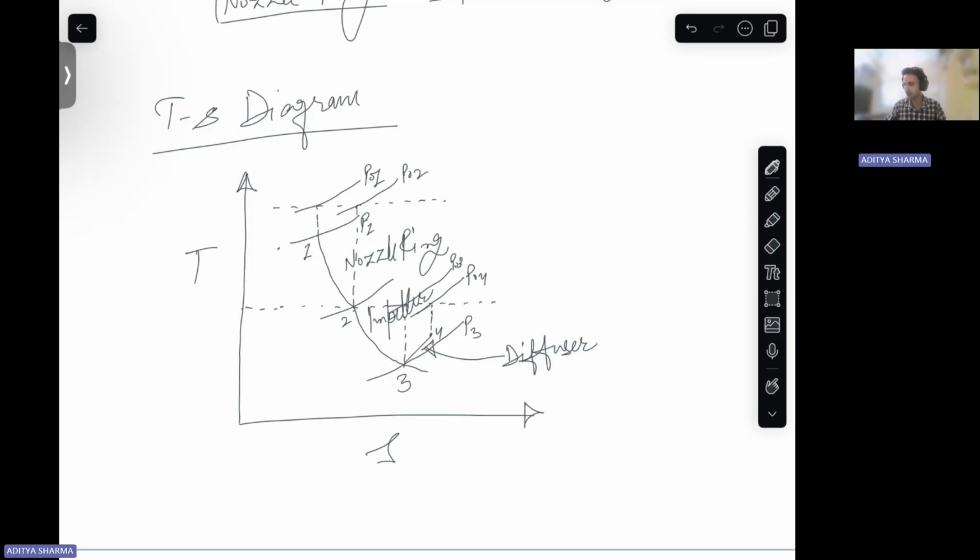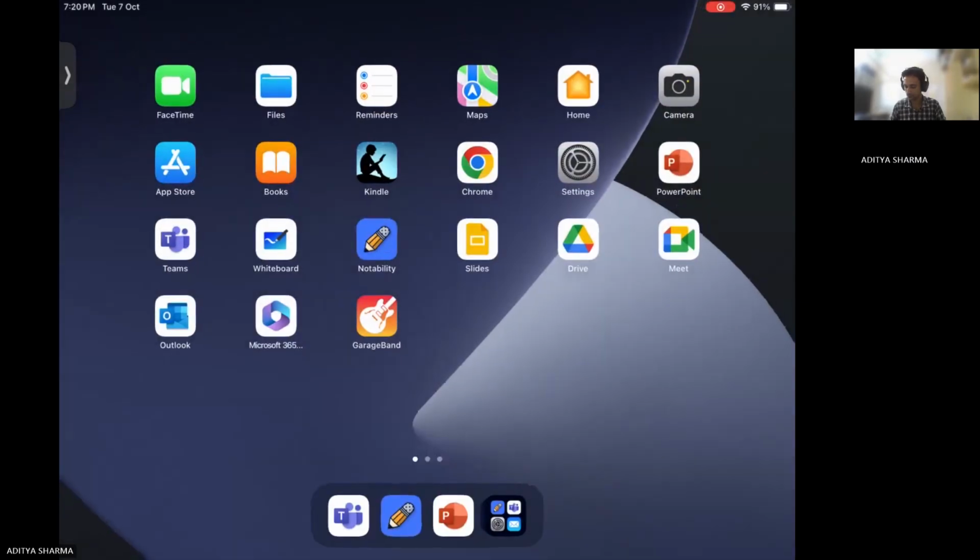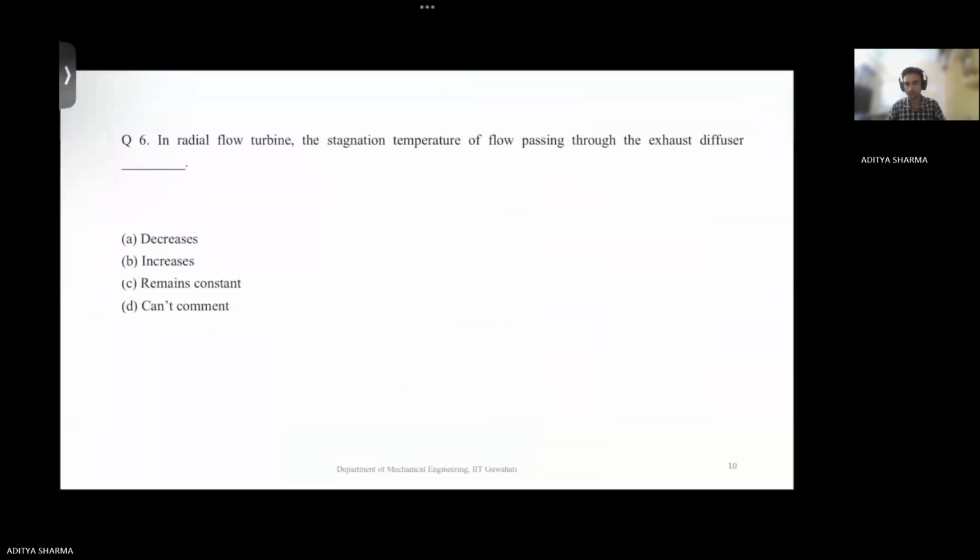So stagnation temperature is remaining constant. That is T03 is equal to T04. Okay. So it remains constant. Okay.